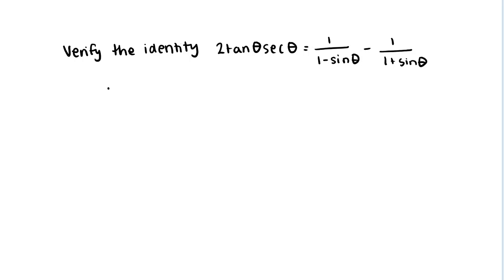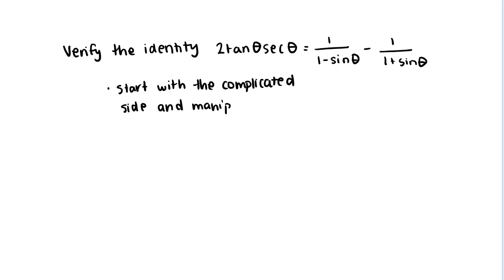And so let me make the recommendation that typically for these problems you want to start with the complicated side and manipulate it into the simpler side, the simpler expression.